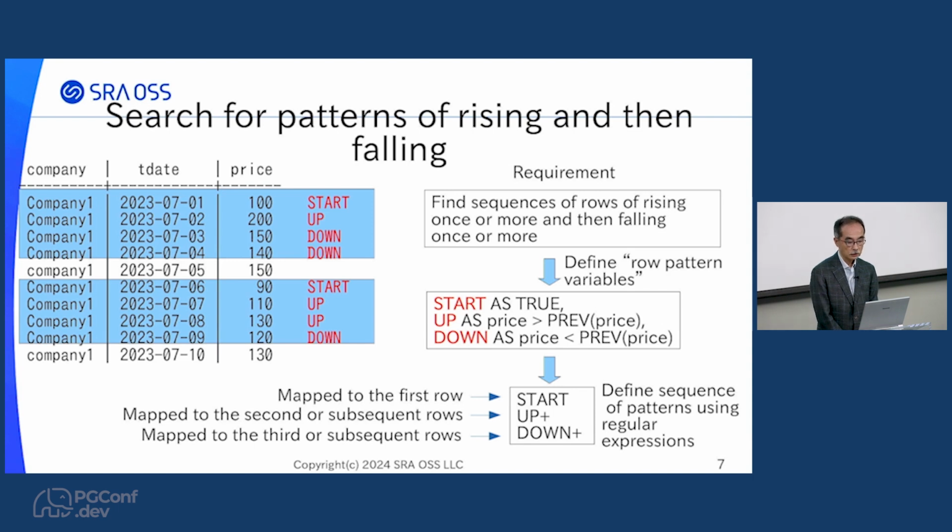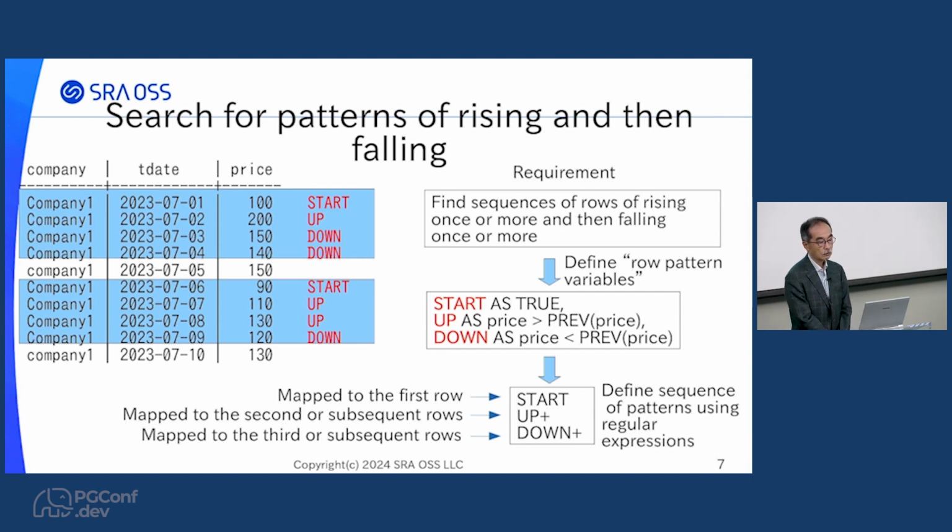The up means that the price is greater than yesterday's price. Down has the opposite meaning. Its price is lower than yesterday's price.